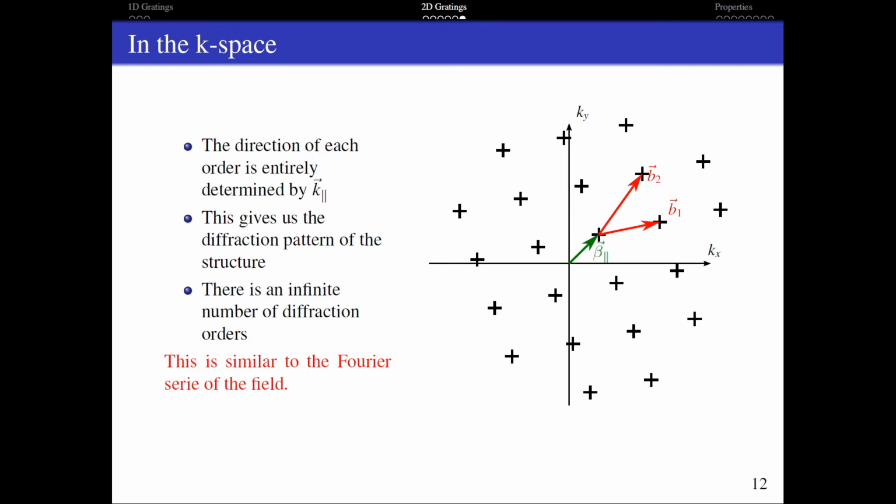One thing that is important to understand is that while I've represented only a few of them, there is an infinite number of orders, just like for the 1D case, n goes up to infinity, and those orders at infinity are evanescent. And just like for the 1D situation, we basically have a Fourier series. The field itself expands in a Fourier series, except it's along some strange vectors.